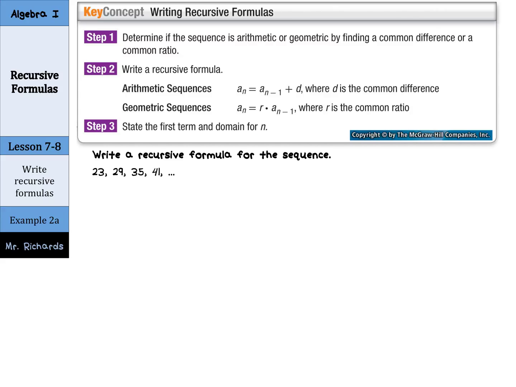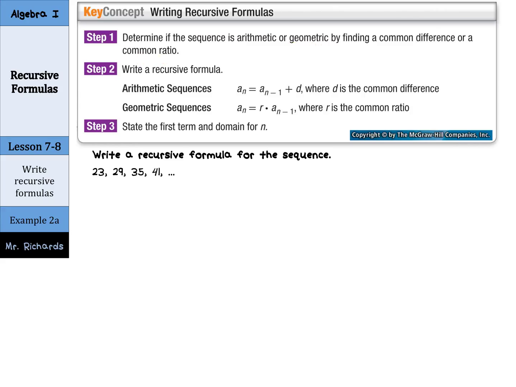In example 2a, we're being asked to write a recursive formula for the sequence. And here we have the steps to writing recursive formulas. Step 1, determine if the sequence is arithmetic or geometric by finding a common difference or a common ratio. If there's a common difference, we're arithmetic. Common ratio means we're geometric.